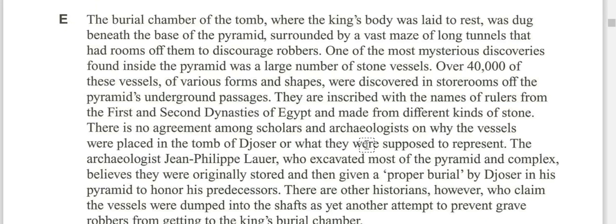There are other historians, however, who claim the vessels were dumped into the shaft as yet another attempt to prevent grave robbers from getting to the king's burial chamber.